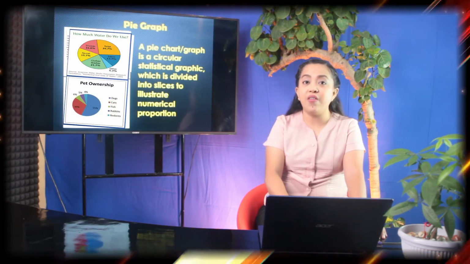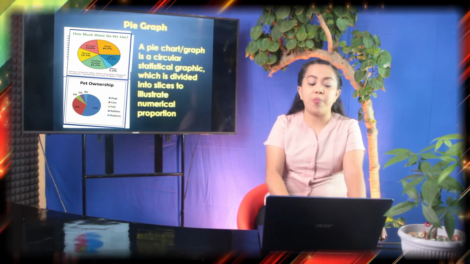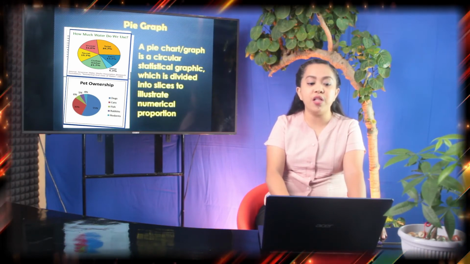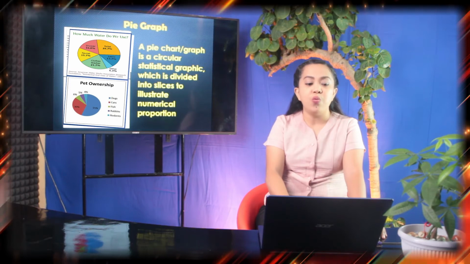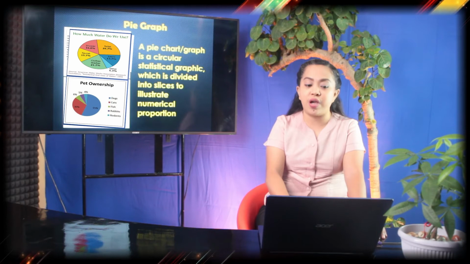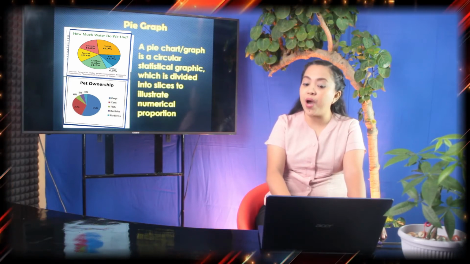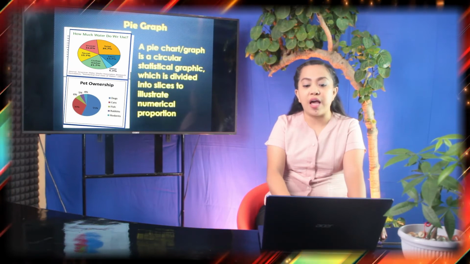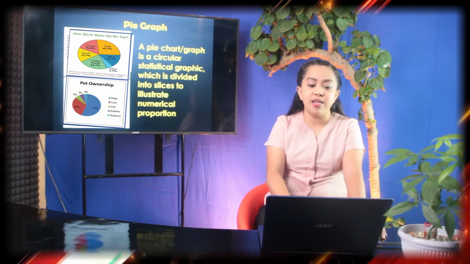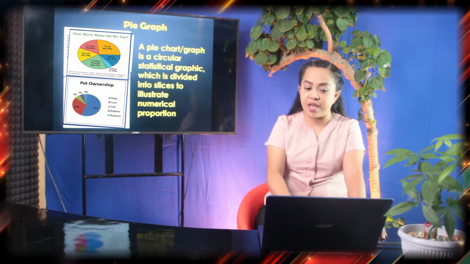Next, we have pie graph. A pie chart or a pie graph is a circular statistical graphic which is divided into slices to illustrate numerical proportion. In a pie chart, the arc length of each slice is proportional to the quantity it represents.